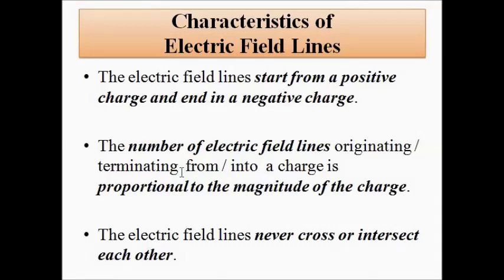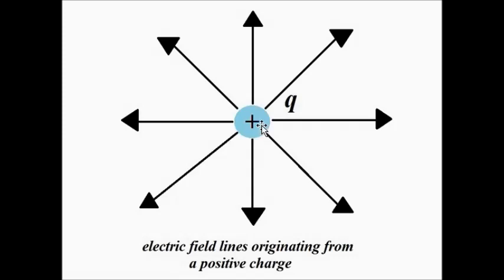Another important property is that the number of electric field lines originating or terminating from or into a charge is proportional to the magnitude of the charge. Let us try to analyze this property.